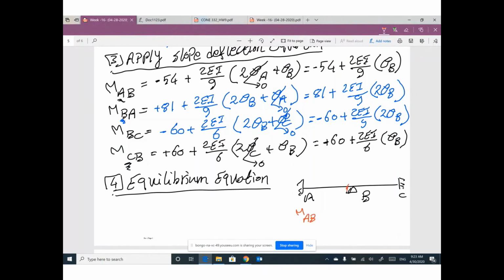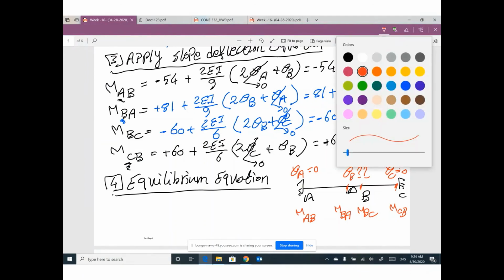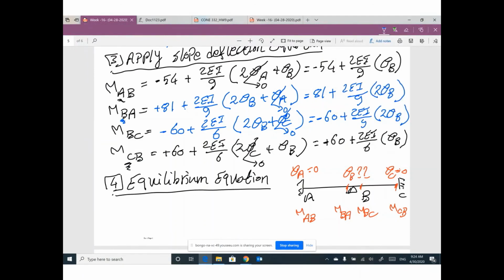At this side, we have MBA. At this side, we have MBC. At this side, we have MCB. Theta A is 0. Theta B is unknown. Theta C is 0. So where is your equilibrium equation? At A or B or C? What do you think? I think your equilibrium equation will be at B.